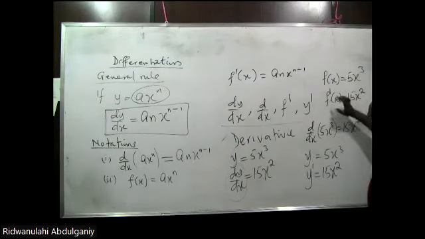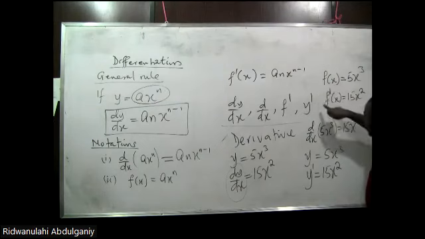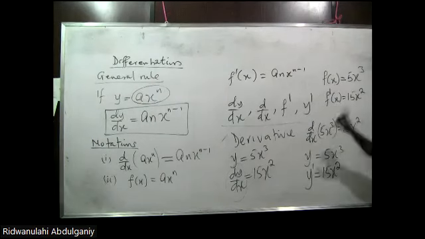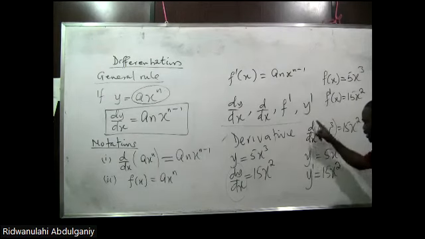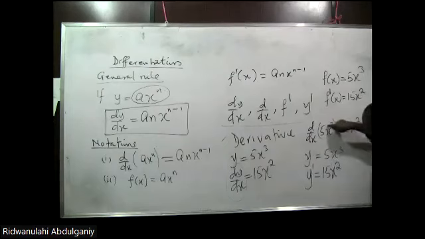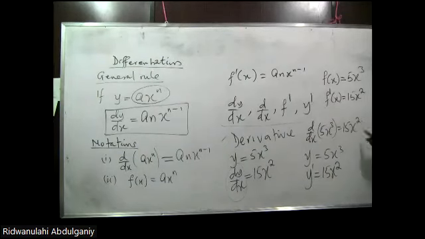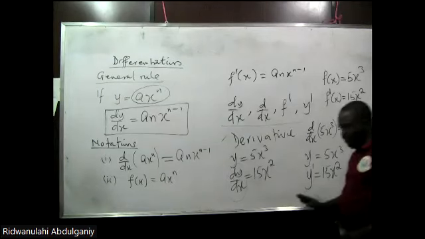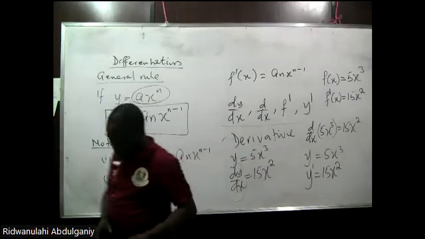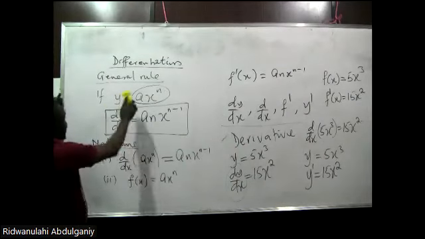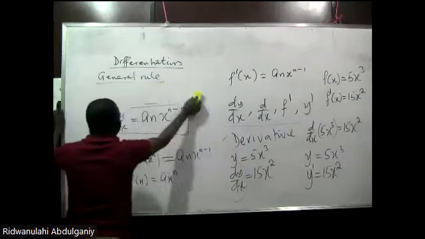The notation f prime simply means the change in f with respect to x is this. This one means d/dx, that is, differentiate what you have inside the bracket with respect to x. We have 15x squared. And the last notation also follows the same pattern. So that is that. So that's our basic notation.